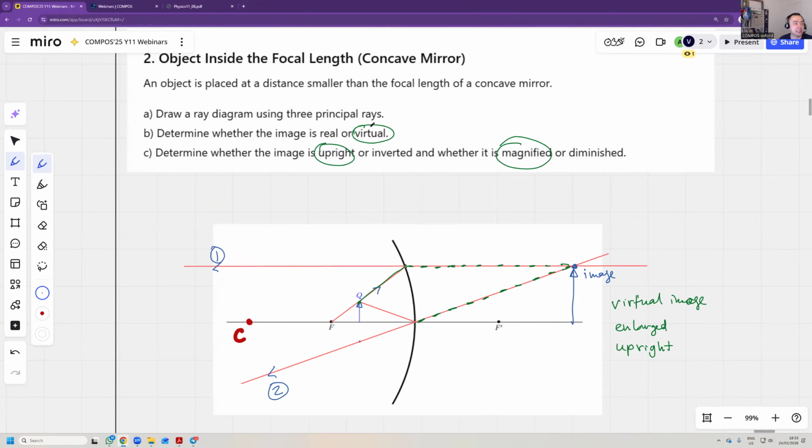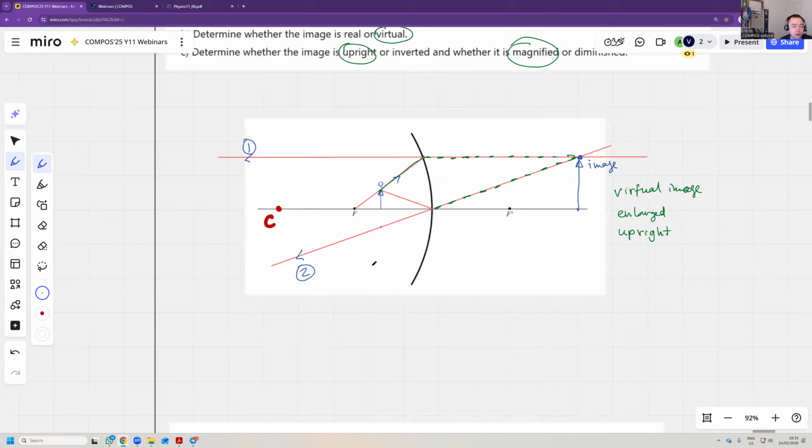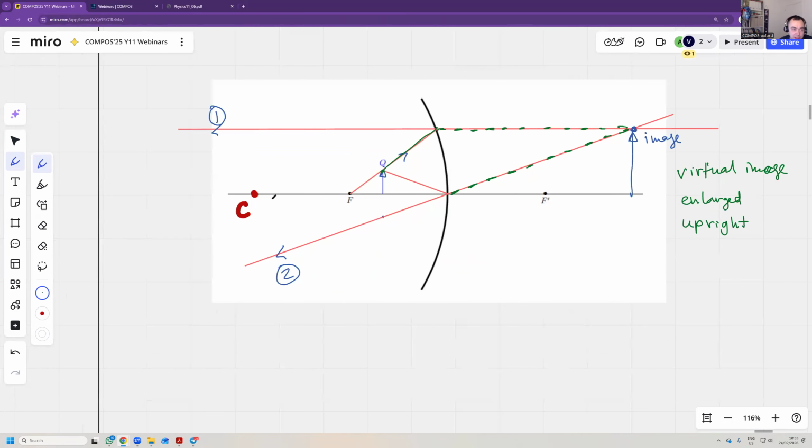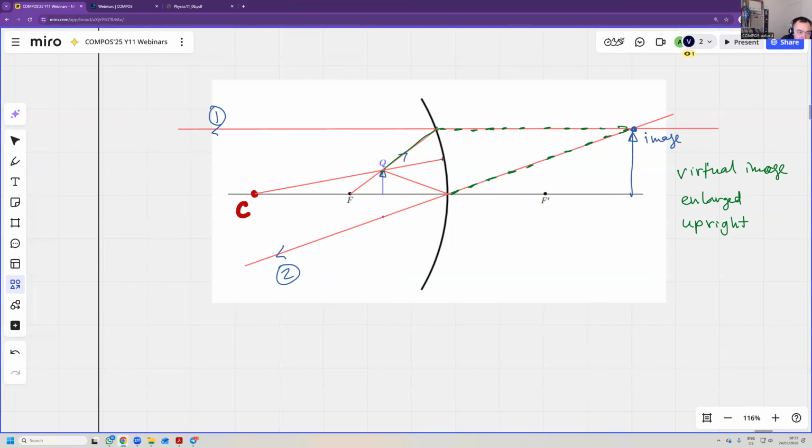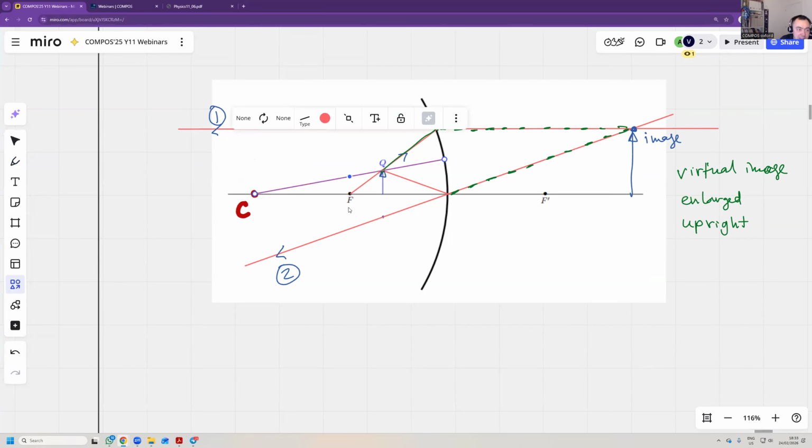Okay. It says using 3 principal rays. Okay, the third principal ray goes from the center. So let's draw the third principal ray as well. You draw a line from the center of the sphere and back, because it reflects exactly backwards. So it goes here and then reflects directly backwards, and that's the third principal ray.